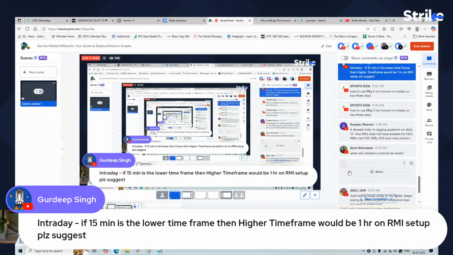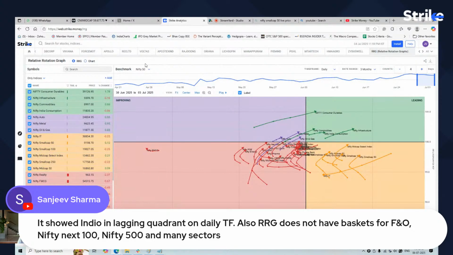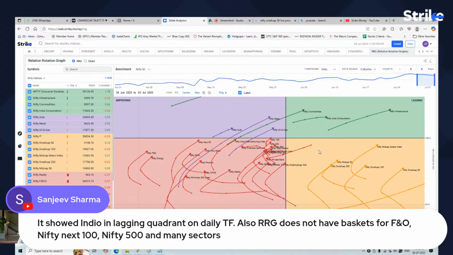Sanjeev, the question is, it shows Indigo in the lagging quadrant also, and RRG does not have baskets for FNO, Nifty Next 50, and so on. I just explained that you might have to create those, because 50 is the limit. You might have to create 3 to 4 watchlists, because please understand one thing: if I put 200 stocks in RRG, it will become messy and you might not be able to understand anything.